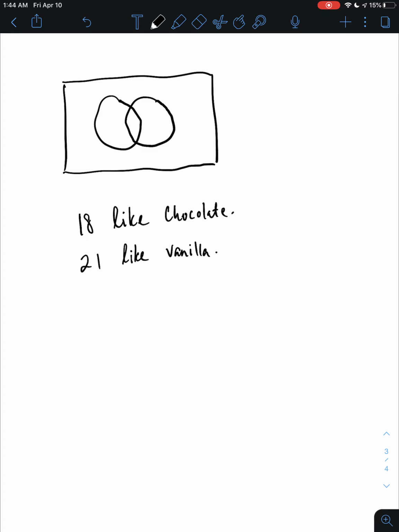So the question I have is how many like either chocolate or vanilla.